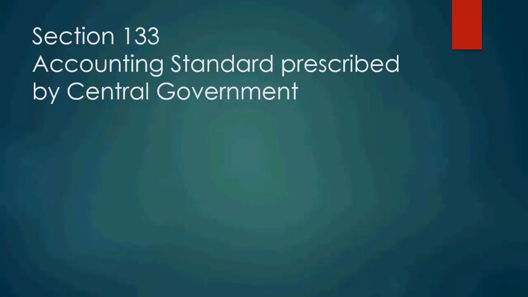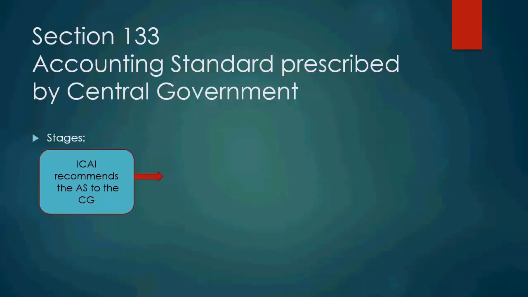So we'll see it. Accounting standards are approved in stages. In the first stage, it is the ICAI who recommends the accounting standards to the central government. They go to the central government and say, okay, these are the accounting standards, these will be the provisions of the standard that we think should be applicable.